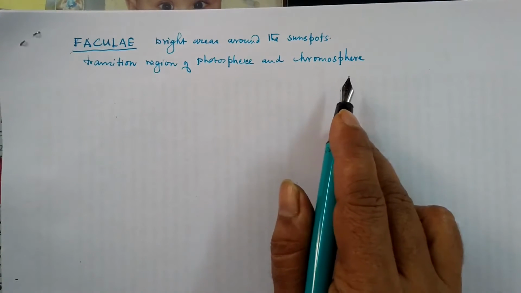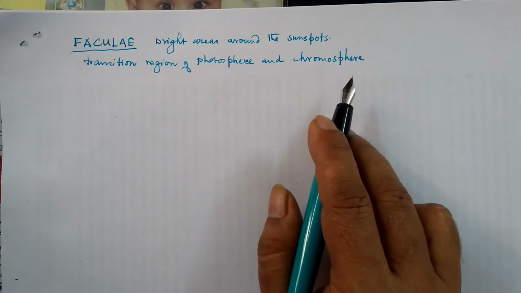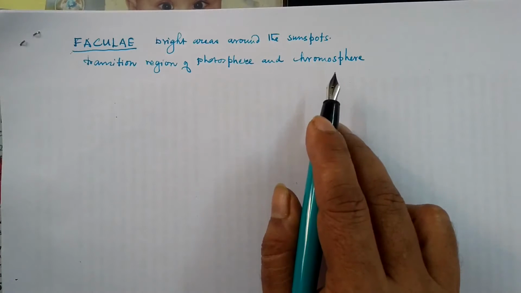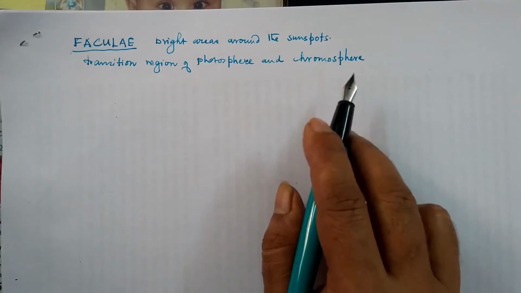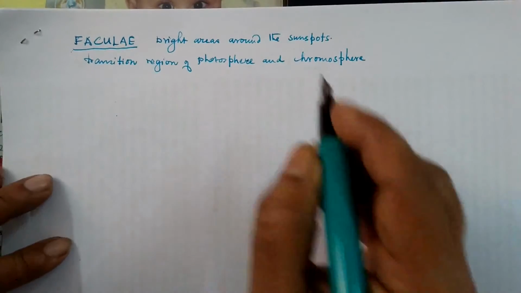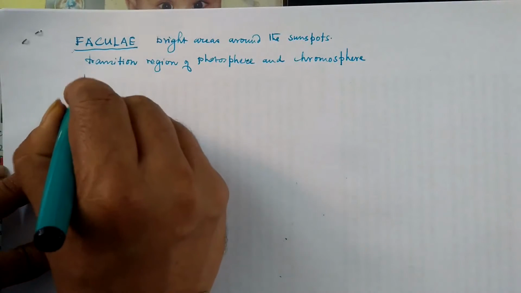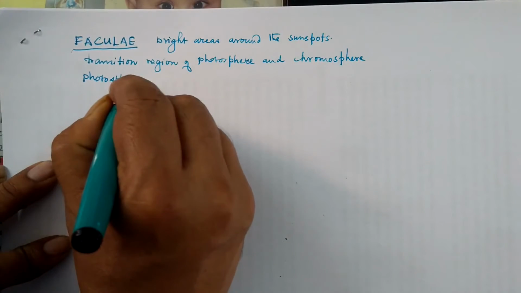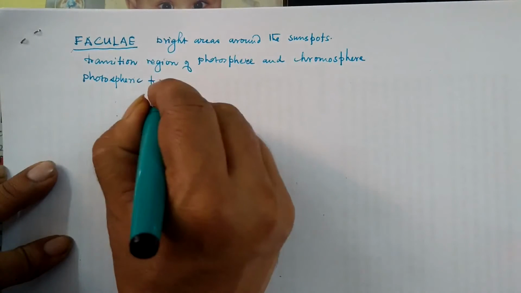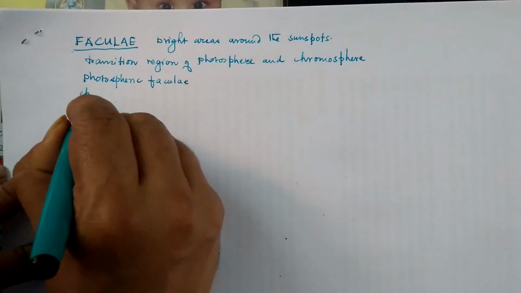But essentially these layers are not fixed. So this is predominantly a feature of the transition region. So we observe both photospheric faculae and chromospheric faculae.